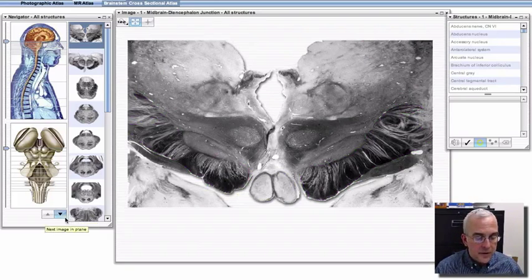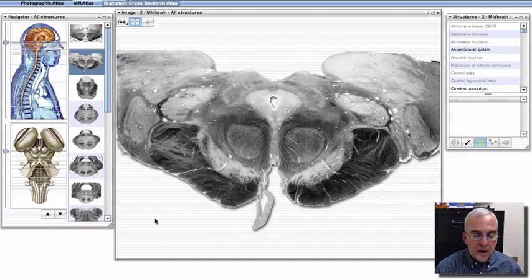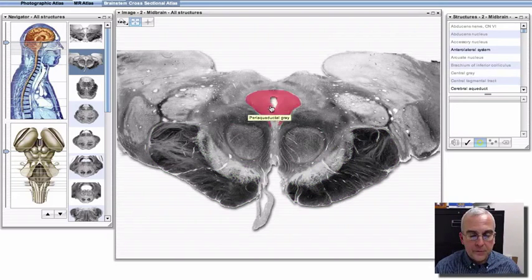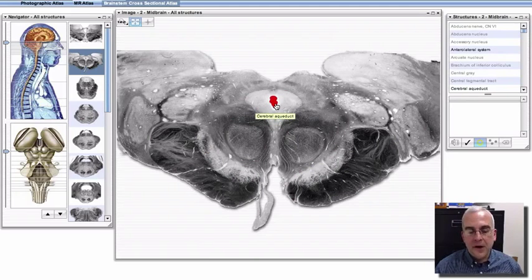So let's just get down one section below, and now this is looking more like the midbrain because we see these massive cerebral peduncles on the ventrolateral surface. We see a small cerebral aqueduct that tells us that we're cutting through the region of the brain called the midbrain. Now, what's attached to the midbrain? Well, the oculomotor nerve.